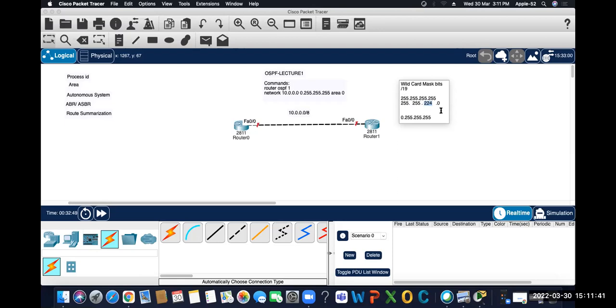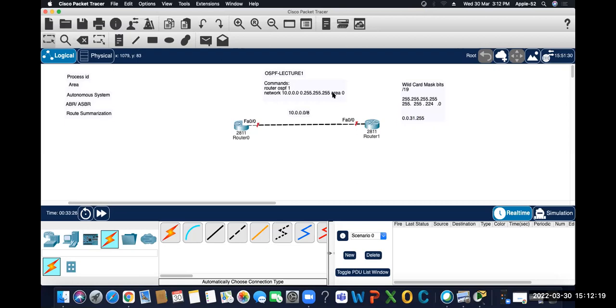And again, we will subtract it from all 255s. When we subtract it from all 255, the answer would be 0.0.31.255. Am I right? Yes, ma'am. Okay. So in case you have the subnet mask /19, the wildcard mask would be written in this way. Fine. So this is the way that we calculate wildcard mask bits.